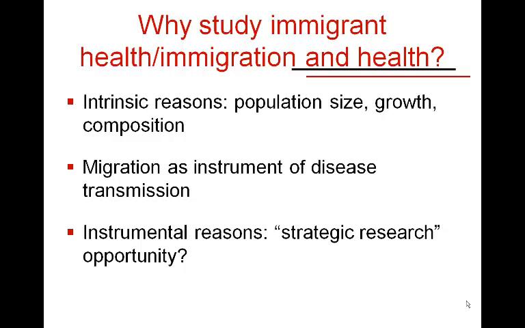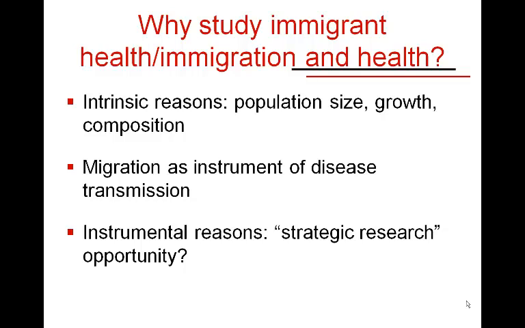And that is looking at the study of immigration and health from a strategic angle, and looking at it as a research opportunity, instrumentally, in order to understand how social changes that immigrants experience might be relevant for health, and using the experience of profound social changes of immigrants as a way to gain insight into population health issues more broadly, etiologic questions more broadly that are relevant to the full population.